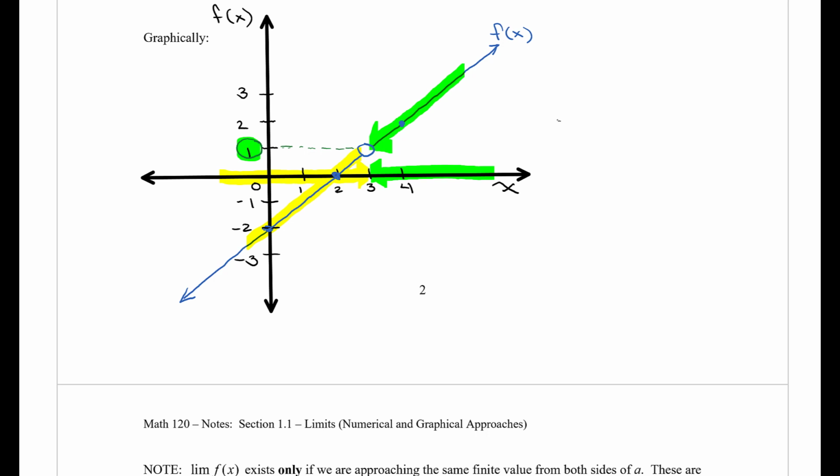And again, I'm approaching 1 for the y's, and so I'm going to highlight that in green, the 1. The limit as x approaches 3 of f of x is going to be equal to 1, and I'm going to go ahead and box in that 1. That's going to be my answer for my approximation here.